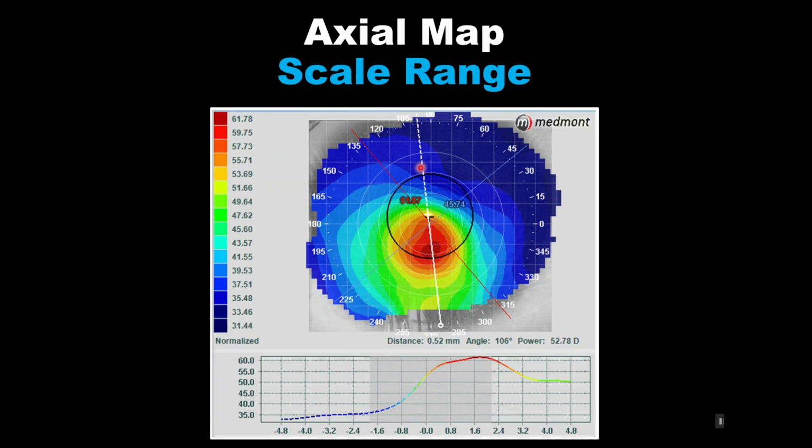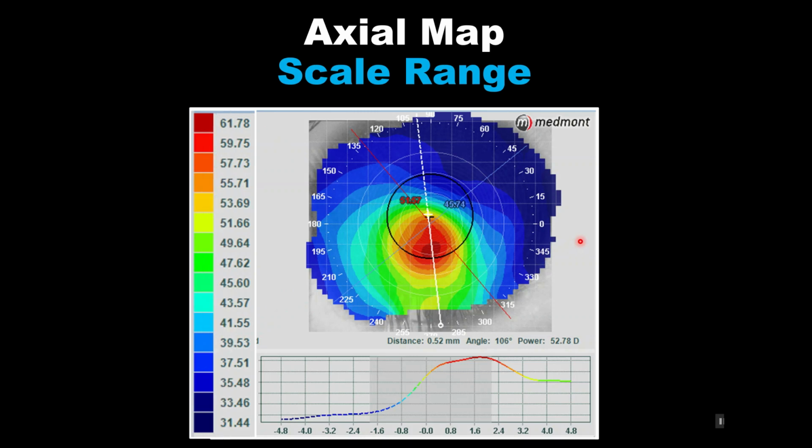Another thing that we can do within the axial map is focus in on this range of power distributed across this eye. From the steepest we can read, 61.78 diopters, to the flattest we can read, 31.44, we see the distribution of power across this entire cornea, not just across the pupil.